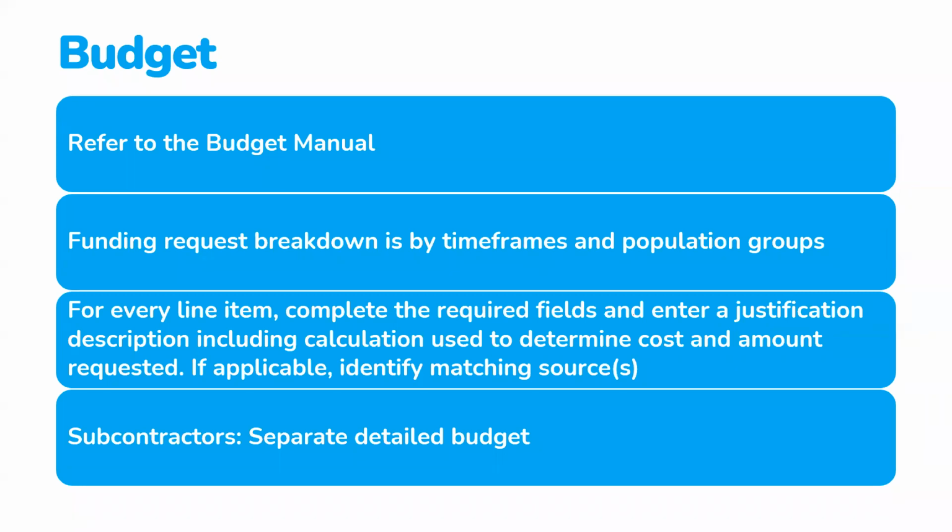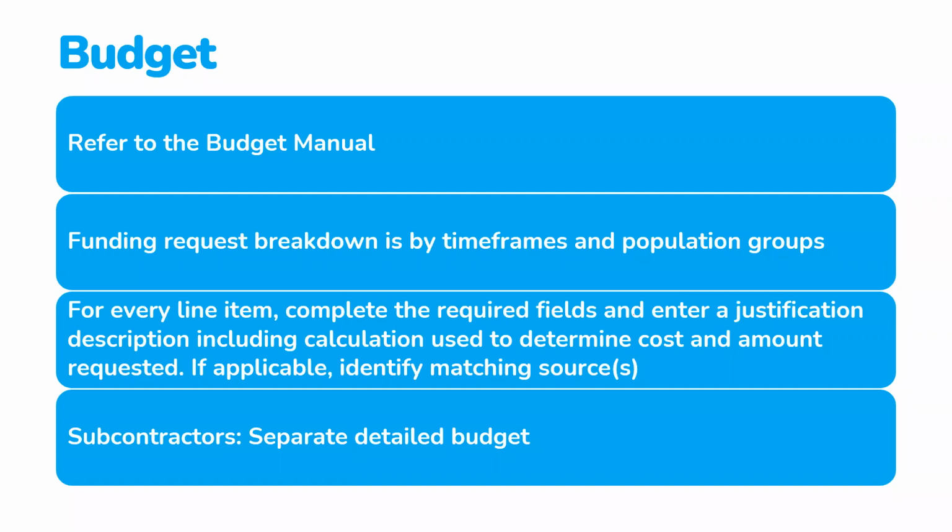Something to keep in mind, and that you'll see once you get into the budget section, is that the funding request breakdown is by time frame and by population. So this will require you to be intentional about who you are proposing to serve and what your funding request looks like across summer and school year, if proposing both, and across populations if proposing multiple.